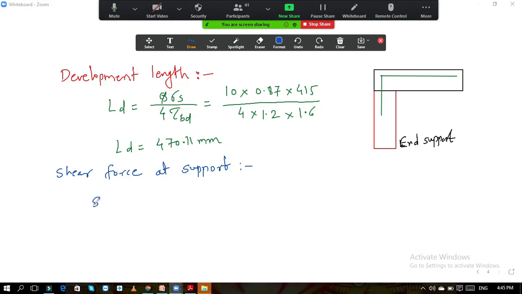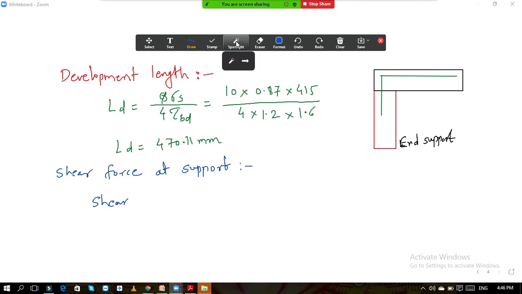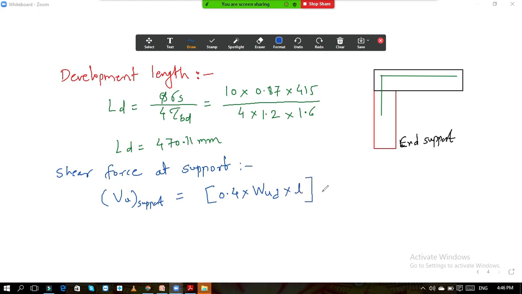So here shear force at support. So shear force at support, Vu at support, is 0.4 for dead load into L plus 0.45 for live load into L. L means here L effective.